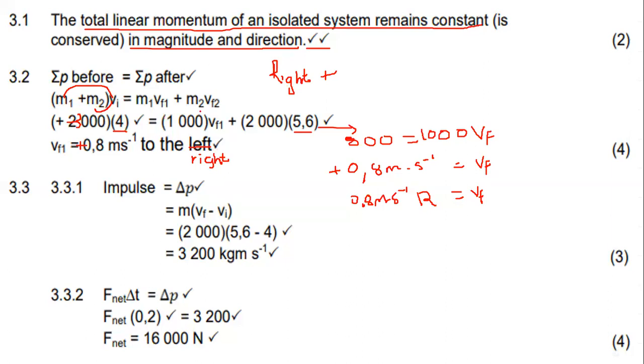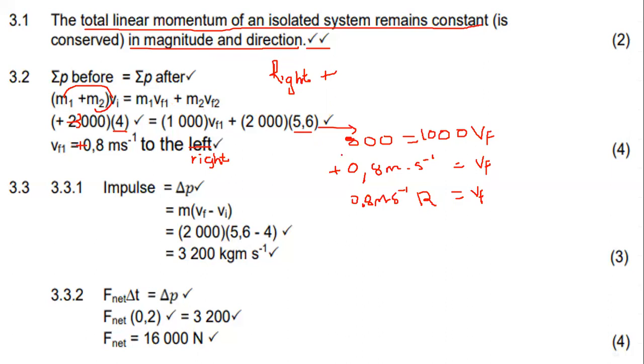It will be equal to, after the spring has expanded, 1,000 multiplied by the final velocity of that, which is what we are looking for. So we don't give it direction, plus the mass of Coach 2, which is Coach B, is 2,000, and it was still going to the right at a velocity of 5.6 meters per second, hence it was positive.